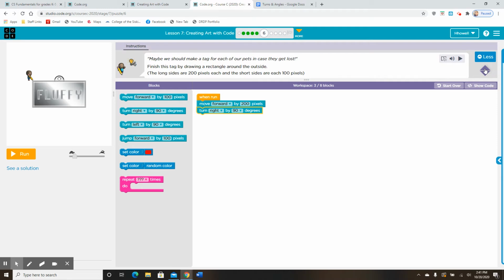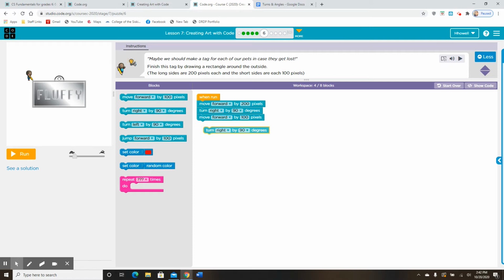Or maybe that was the last puzzle. Okay. And then I want to move forward by 100 pixels because these sides are shorter than these. So if you take this whole length, this is 200, and I chop it in half, that gets me 100.